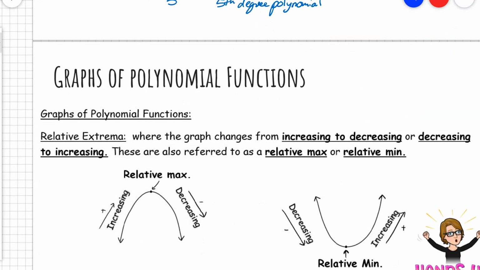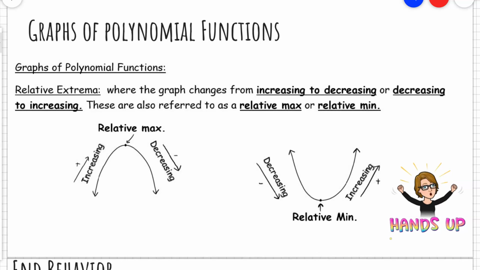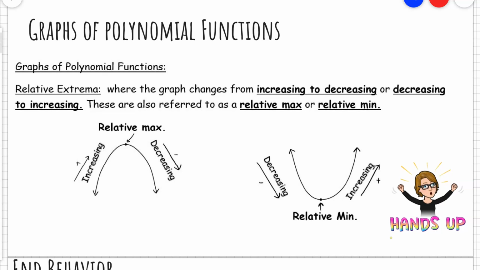We can also look at the relative extrema, where the graphs change from increasing to decreasing or decreasing to increasing. We talked about this with quadratics, but it wasn't relative. We were talking about that as a maximum or minimum based off of the vertex.